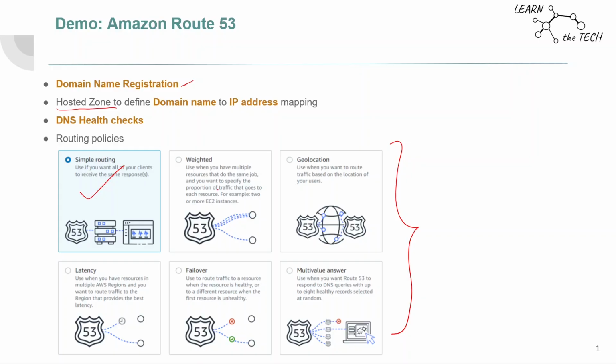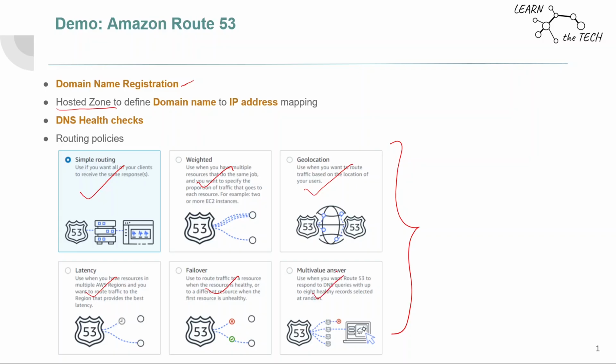But if you want an unequal distribution or a specific proportion, then you use weighted. You use geolocation to direct users to the nearest location from a geography perspective. You use latency if you want to redirect users to the location which provides the smallest latency. And failover is for production to standby failover. If production fails, then the IP address that should be resolved is that of your standby.